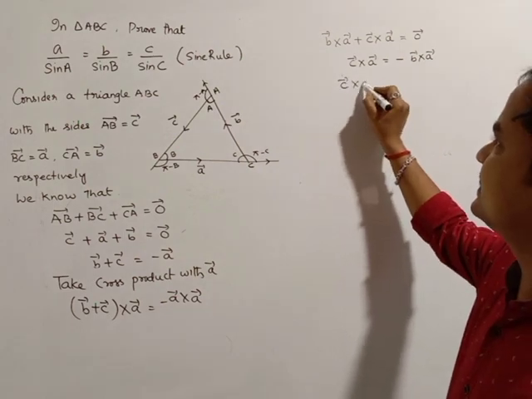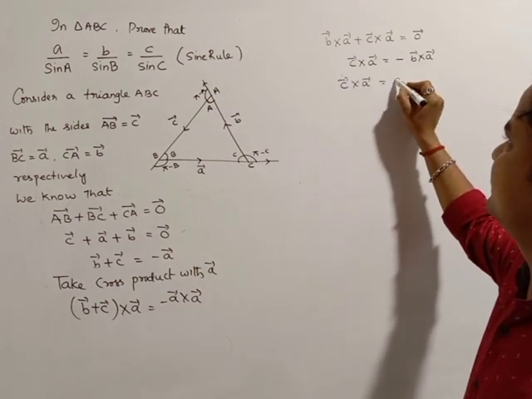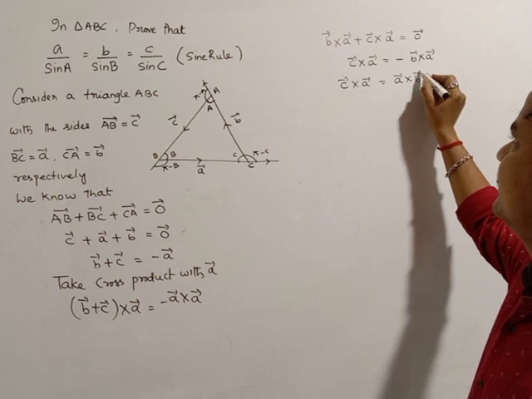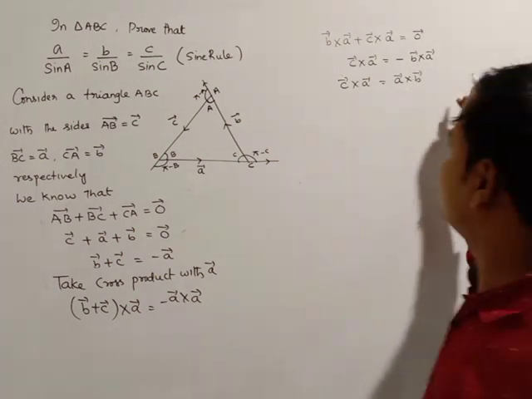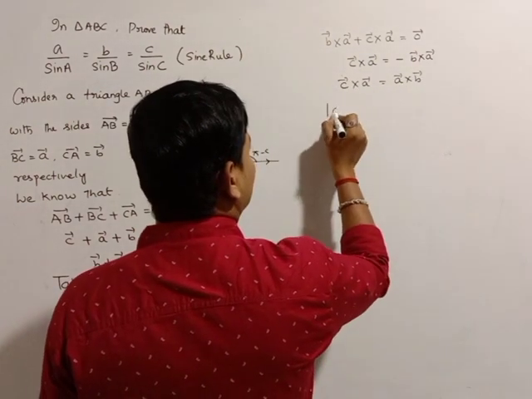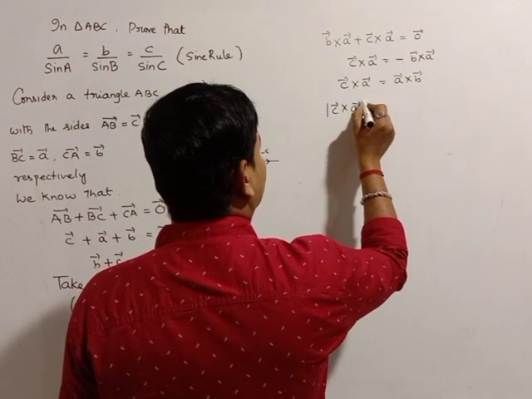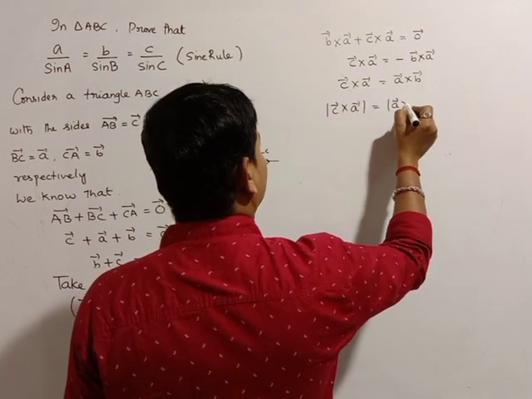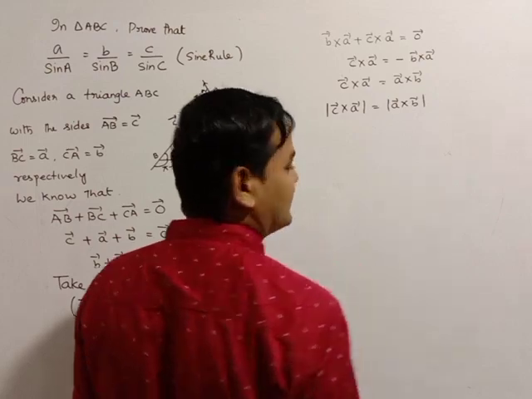So c bar cross a bar is equal to a bar cross b bar. Since they are equal, their magnitudes are also equal: magnitude of c bar cross a bar is equal to magnitude of a bar cross b bar.